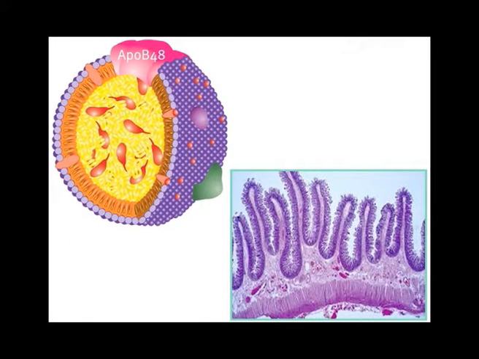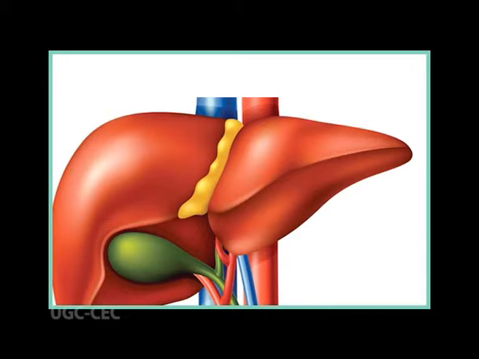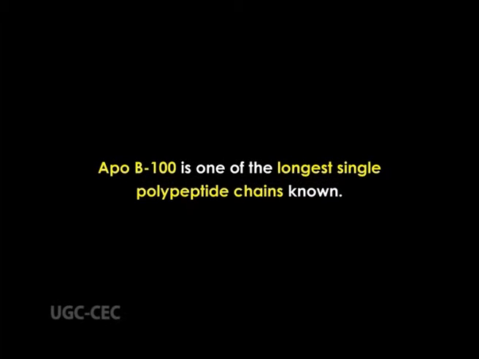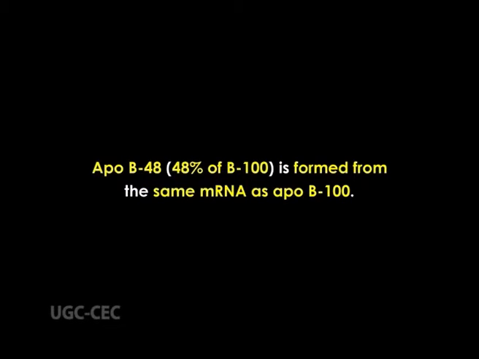Chylomicrons contain a truncated form of ApoB, B48, that is synthesized in the intestine, while B100 is synthesized in the liver. ApoB100 is one of the longest single polypeptide chains known. ApoB48, 48% of B100, is formed from the same mRNA as ApoB100.